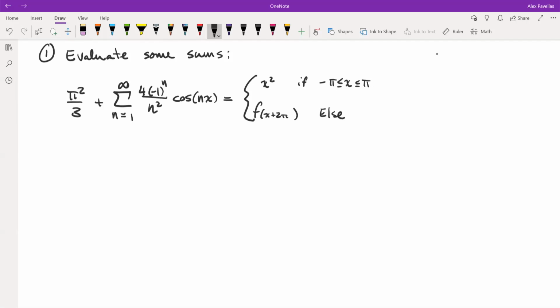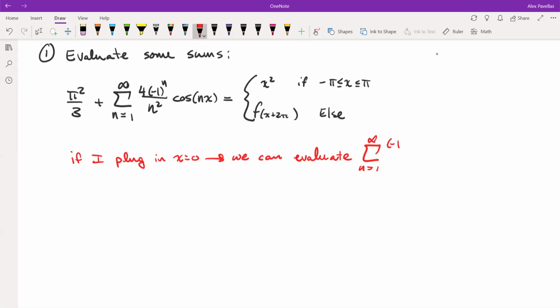So, let's just plug in some x values and see what happens. So for instance, if I plug in x equals 0, then we can evaluate this sum, the sum as n goes from 1 to infinity of negative 1 to the n over n squared.